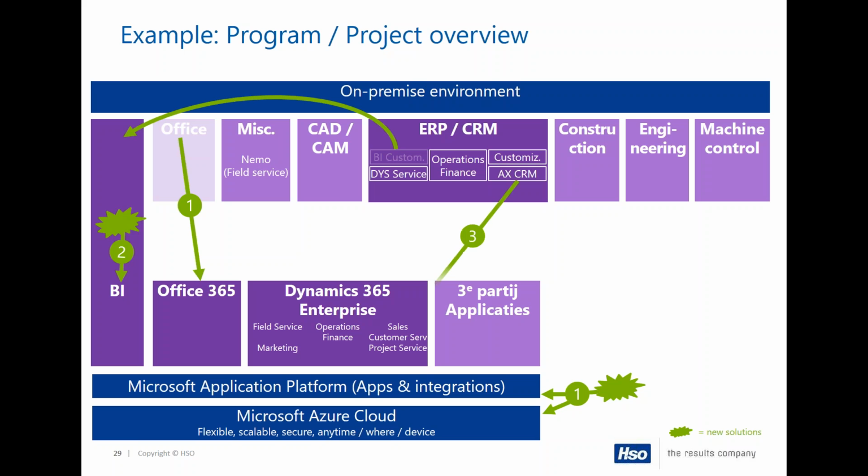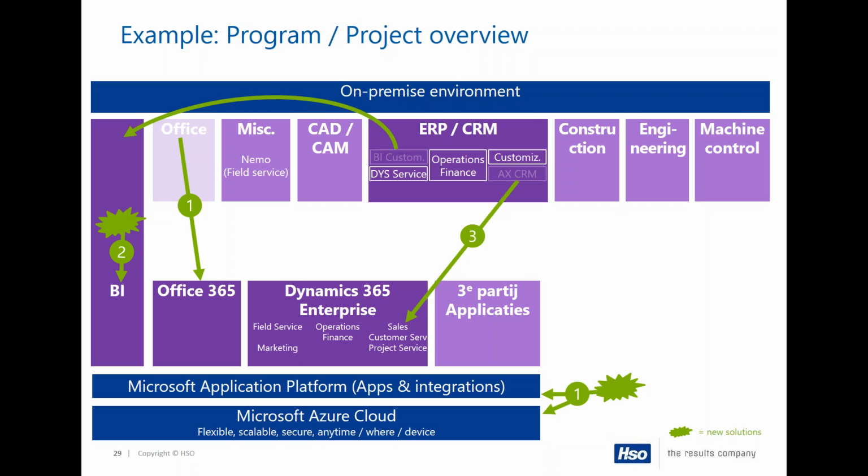Then we moved some BI customizations they created in their ERP environment, which was in this case Dynamics AX 2009, moving them to Power BI. Another step was that they moved their CRM functions from AX 2009, so their ERP environment, to Dynamics 365 for sales.